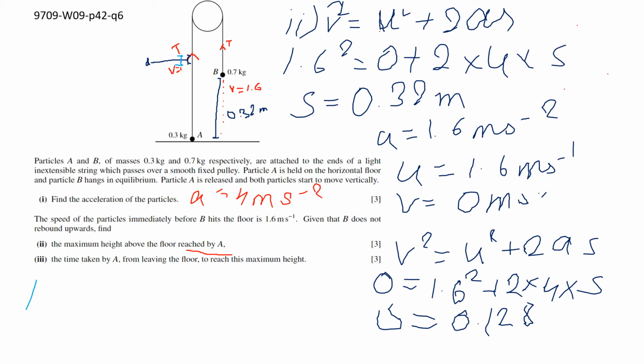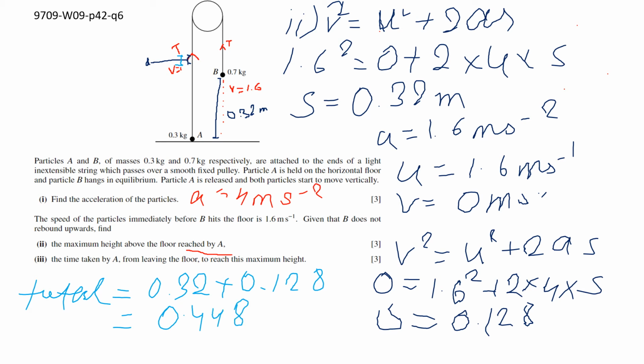So the total distance will be the first distance, that is 0.32 meter, plus this 0.128, so the total distance is 0.448 meter. This is the maximum height which A reached.